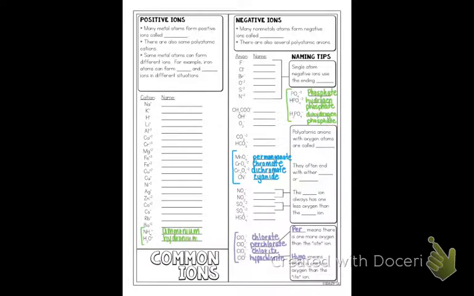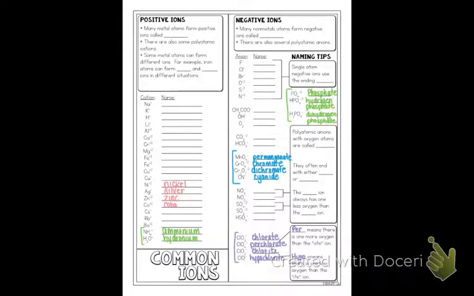Now I think that you could fill in the rest of the right-hand side based on naming monatomic ions that we did in class. A couple that I'm going to highlight, I'll do them in pink, would be zinc, because it's always a +2, silver, because it's always +1, nickel, because even though it's in the transition metals, most times it's a +2, and cobalt would be the other one.